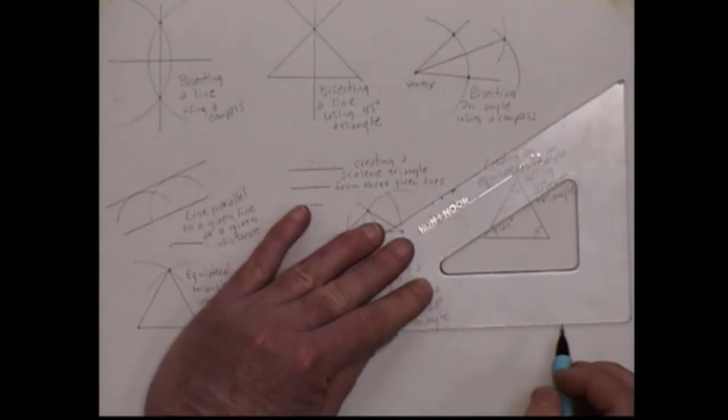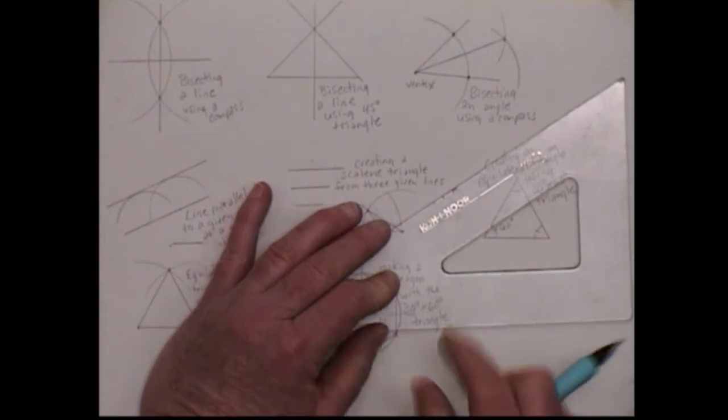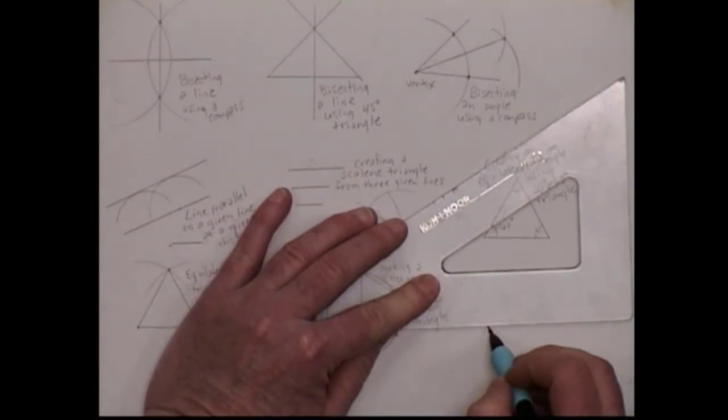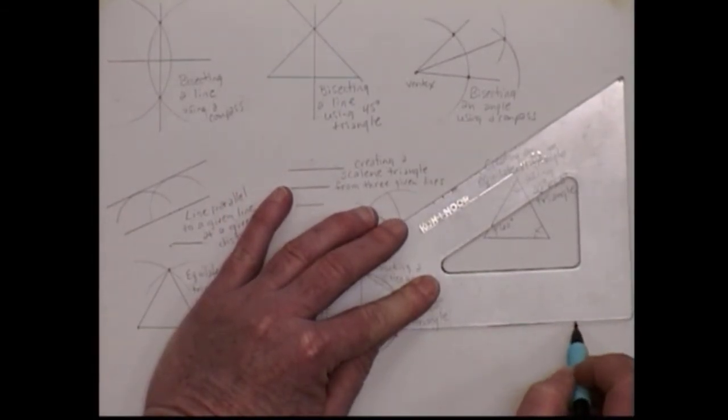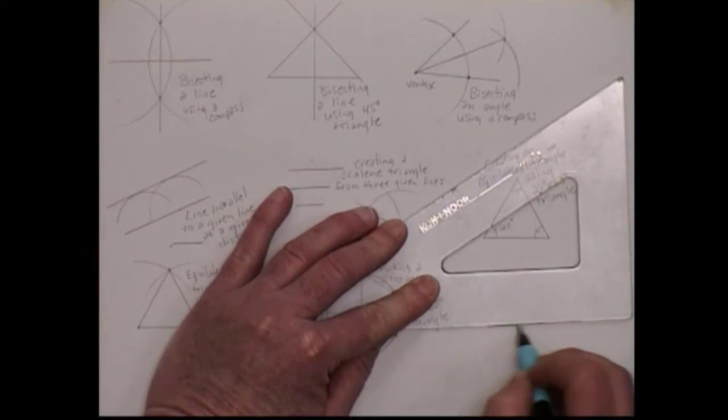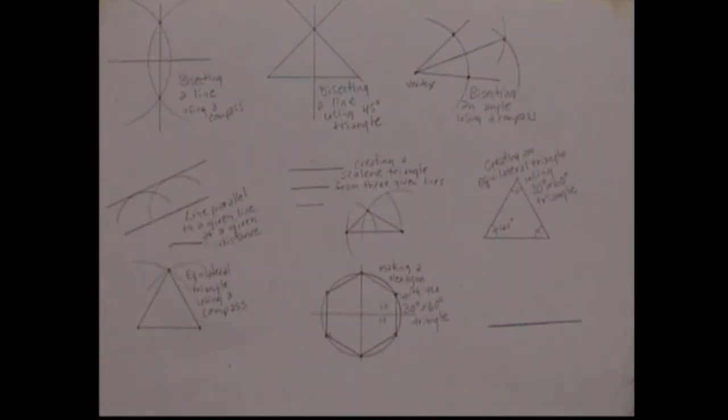So I want you just to create a line with just a regular straight edge, and it's okay if it's not exactly horizontal. It's actually a little better because it shows you the difference.